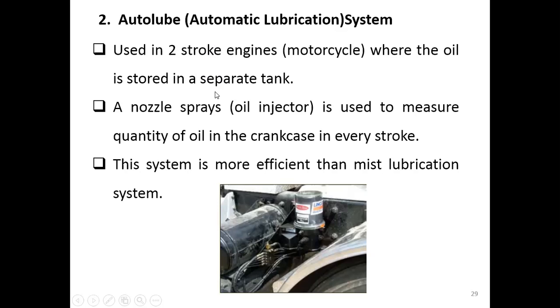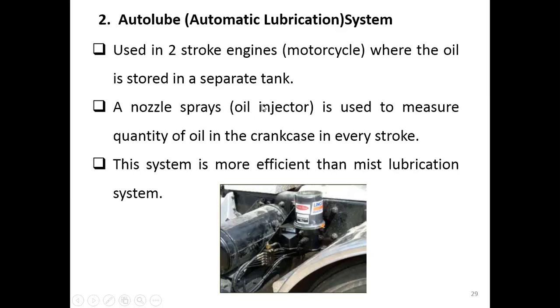It's used mostly in the two-stroke engine, where we have the lubrication oil stored in a separate tank, not inside the engine but in another tank. The system consists of a nozzle spray or an oil injector.